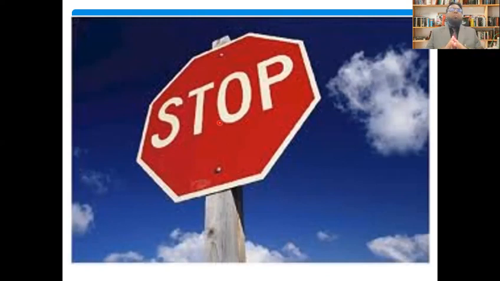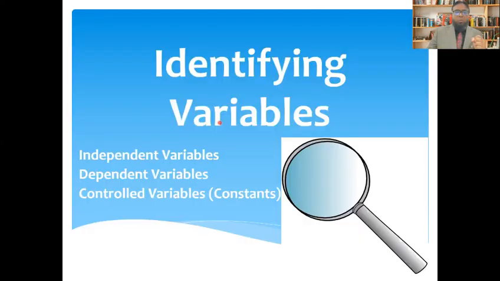Based on the examples, you'll come to know what these types of variables are and how we identify them. If you identify the variables, you can make the proper graph, either the bar graph or the line graph. So now come to identifying the variables. Here, there are three types of variable.